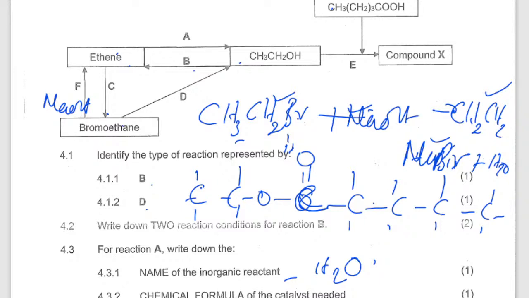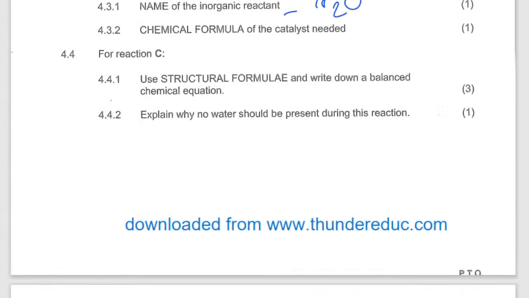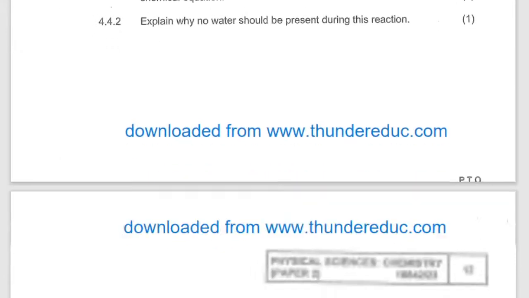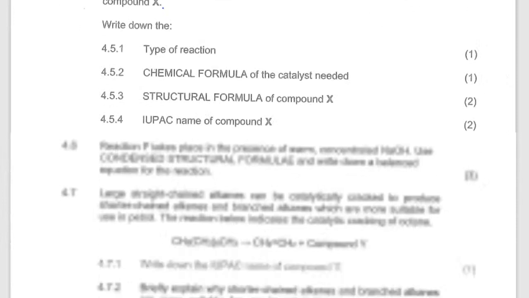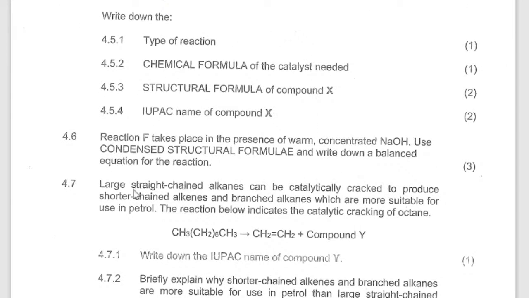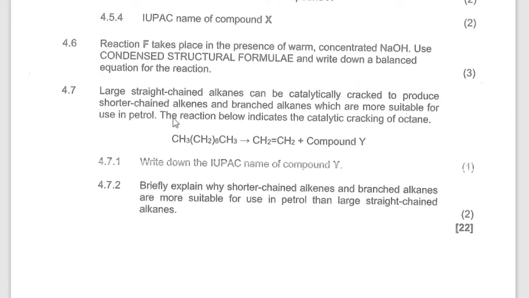Then the next question. Question 3.7. Large straight chain alkanes can be catalytically cracked to produce short chain alkanes and then branched alkanes, which are more suitable for use in petrol.